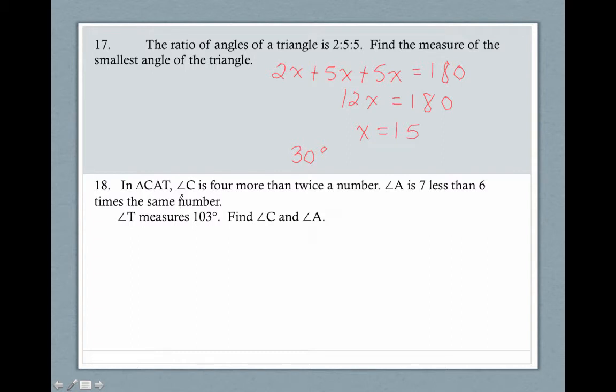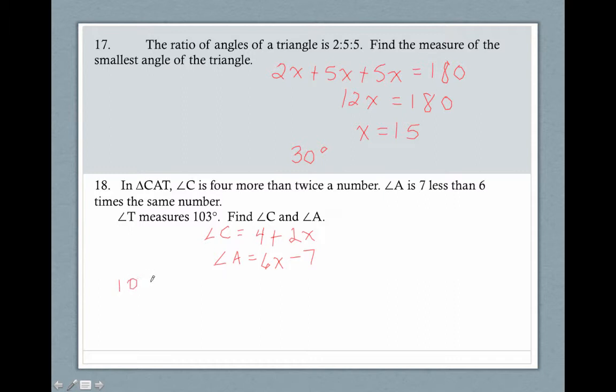In triangle CAT, angle C is 4 more than twice a number. Angle A is 7 less than 6 times the same number. T is 103.